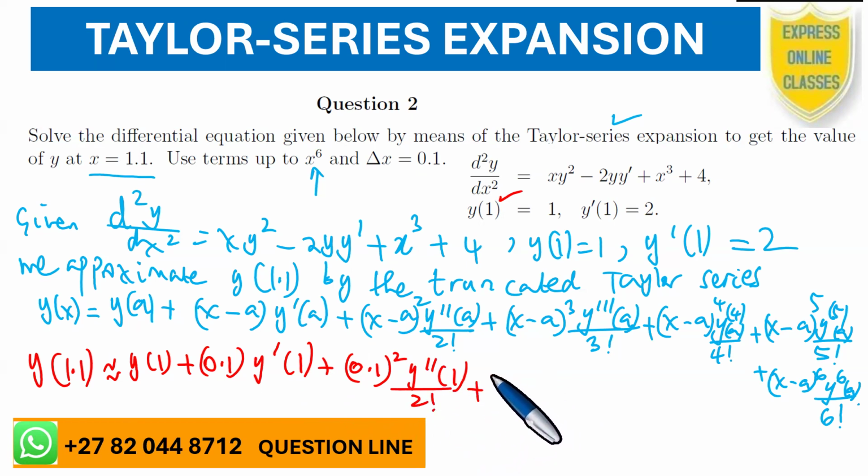Let us continue with this one. And then you would have 0.1, you cube it, then 3 factorial.